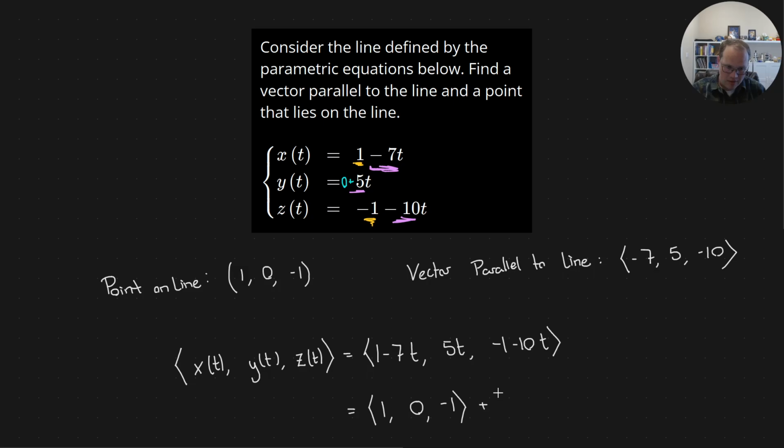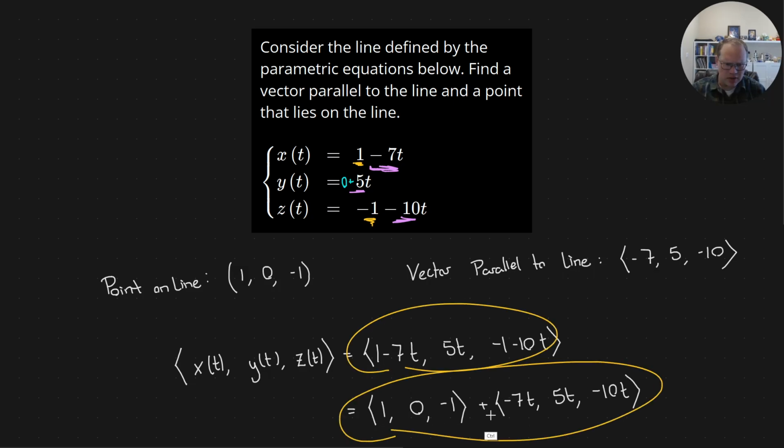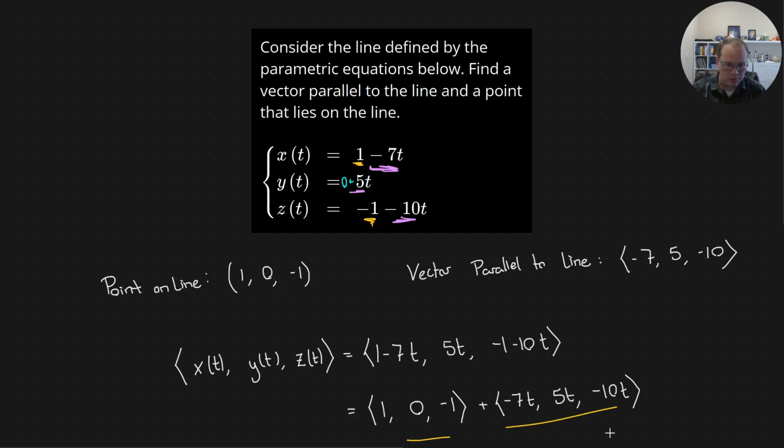Okay, and then with t, -7t in the first component, 5t in the second component, and -10t in the third component. These two are exactly the same, right? I've just broken this up into two vectors that are being added together instead of one big vector.